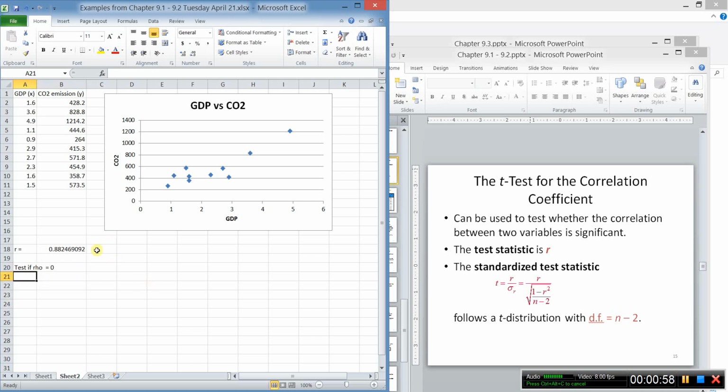In order to do this test, the first thing we need to do is calculate our test statistic, so we're going to need to know this equation.